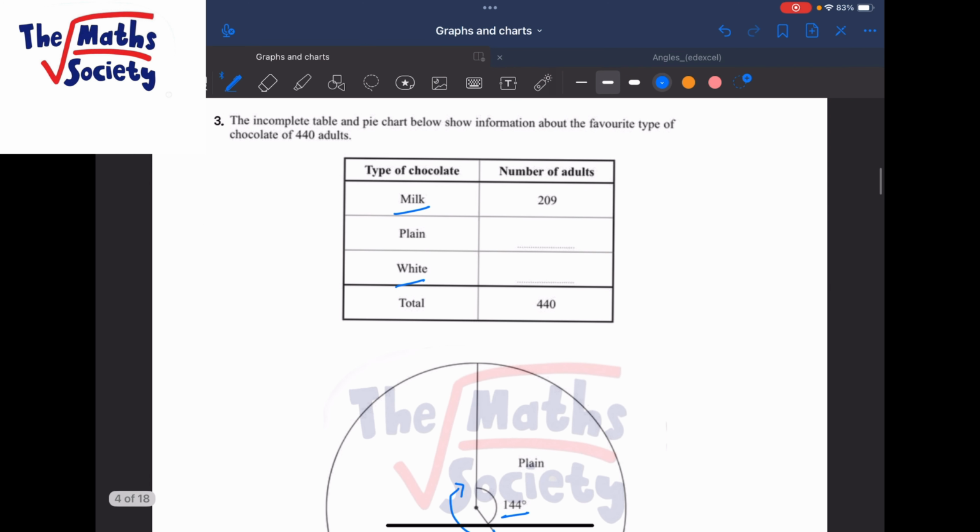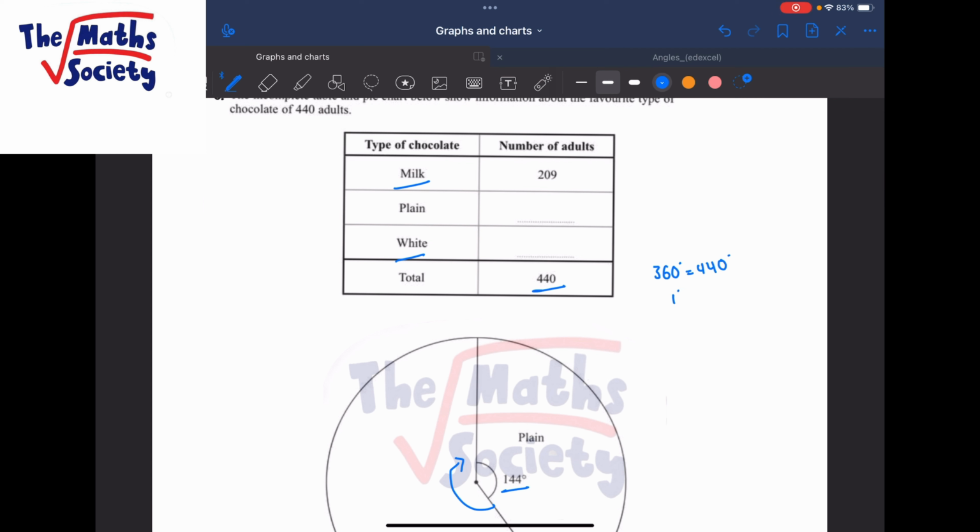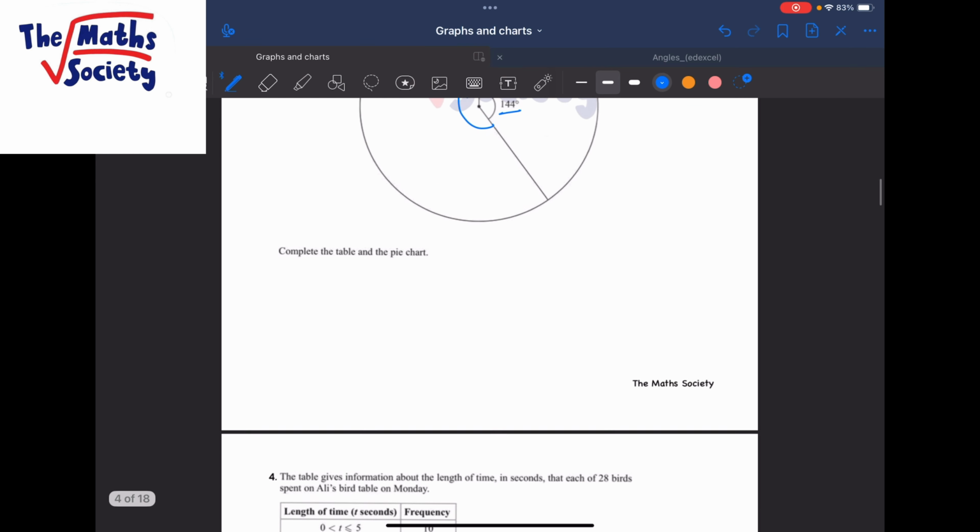But we know that 360 degrees, which is the total, will equal 440, right? So because we know that it will be 360, we can calculate how much 1 degree is, which will be about 1.22 adults. So we know that 144 degrees will be equal to 176 adults. So that would be 176 adults. And then you just subtract 209 and 176 from 440 to get 55 for white. And that should be it.